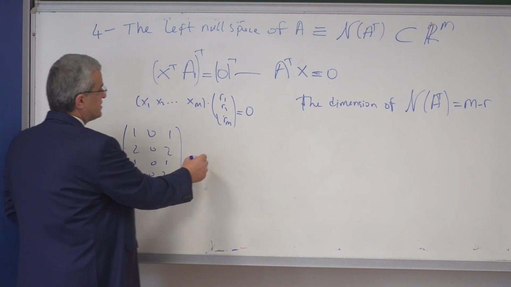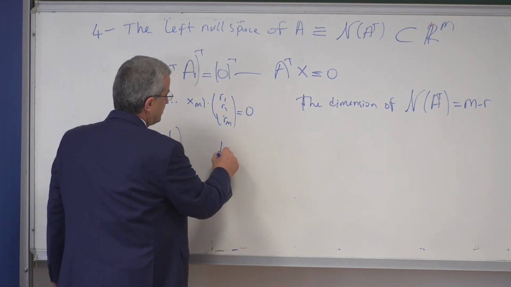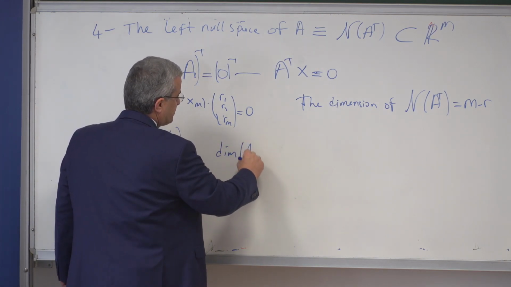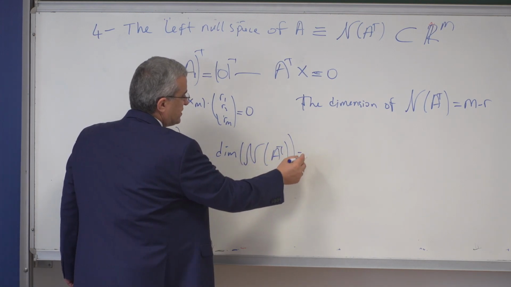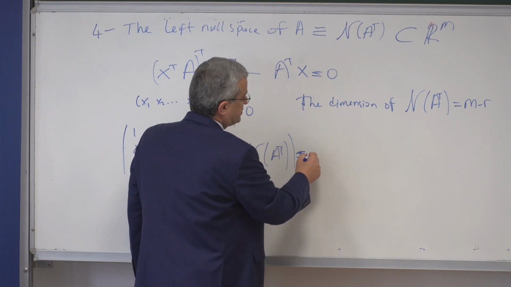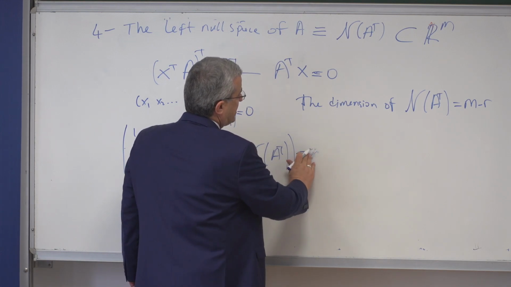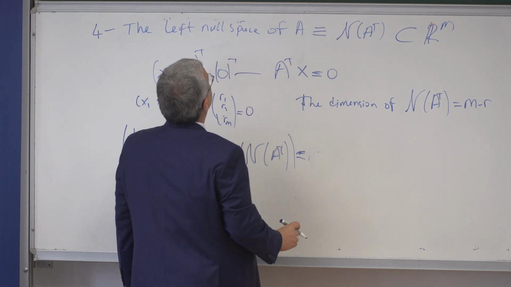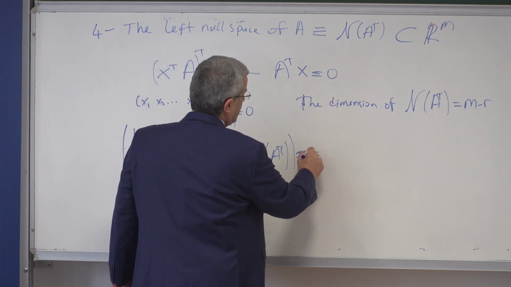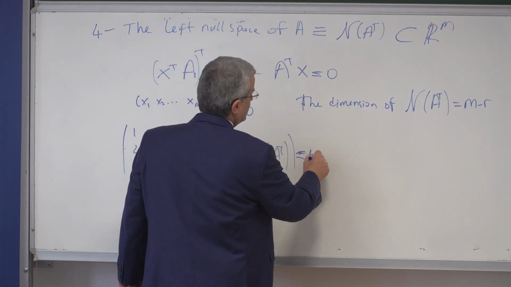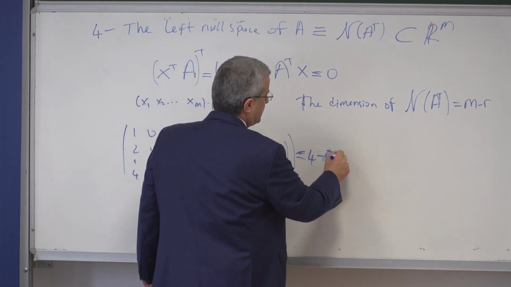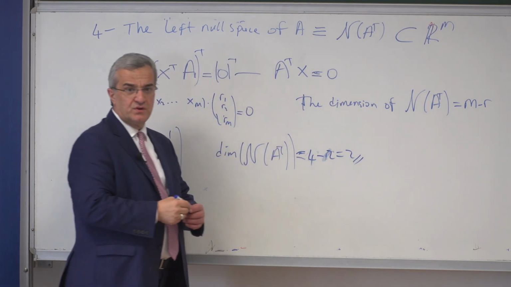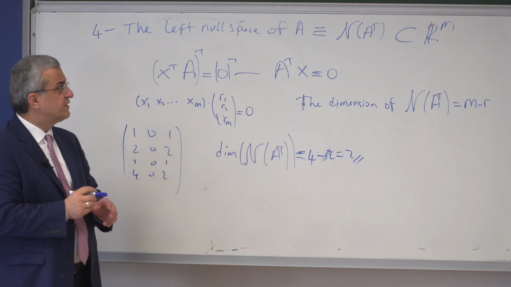For this example, what is the dimension of the null space of A transpose? Can you tell me that? The rank was 2. What is M? M is 4. Rank 2. Okay? So we have to have 2, right?